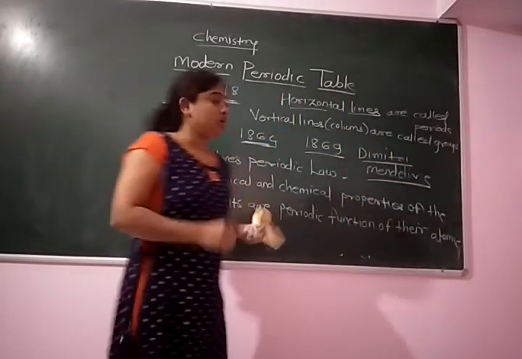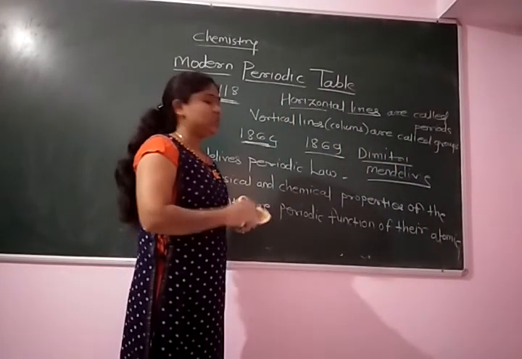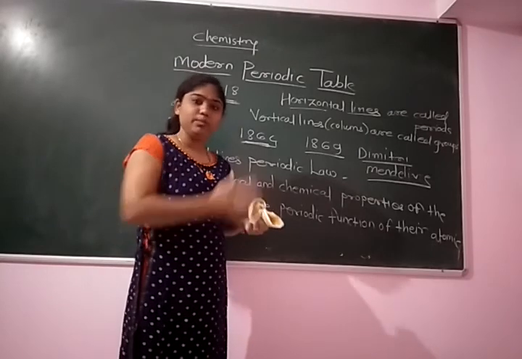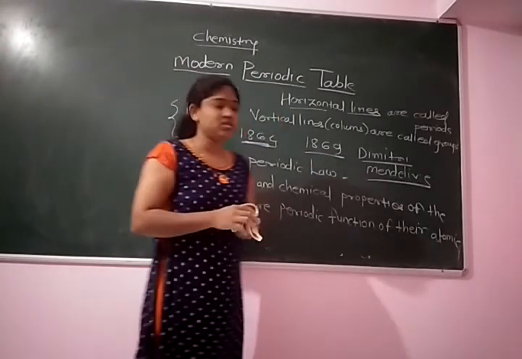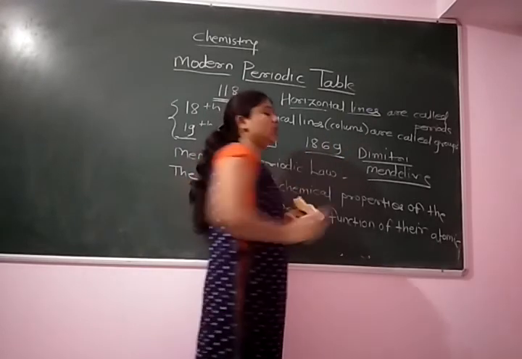Okay. Mendeleev arranged the elements in periods and groups. So horizontal lines are called periods and vertical lines are called groups.